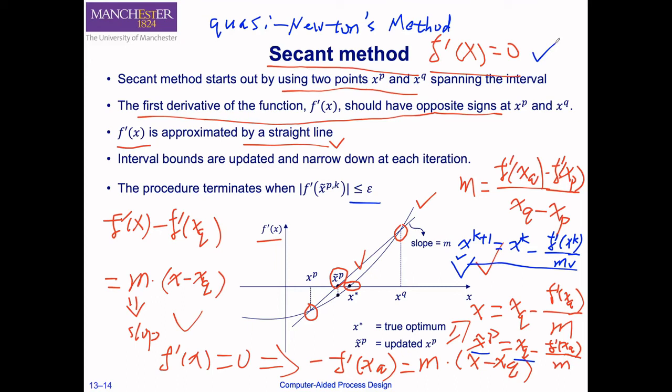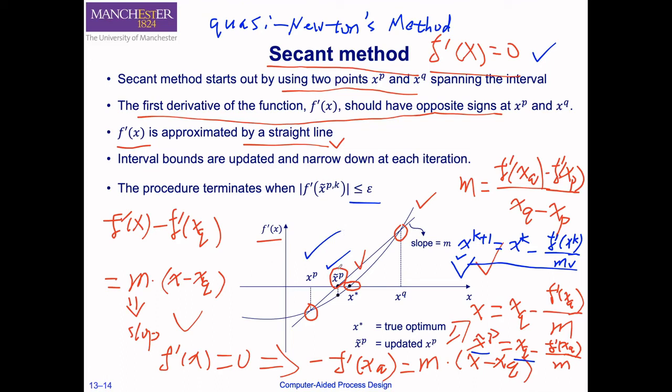fx. Otherwise, we need to use this approximation point x tilde p to replace xp or xq based on the sign of the first derivatives at these points, and make sure the first derivatives at the selected 2 points have opposite signs.